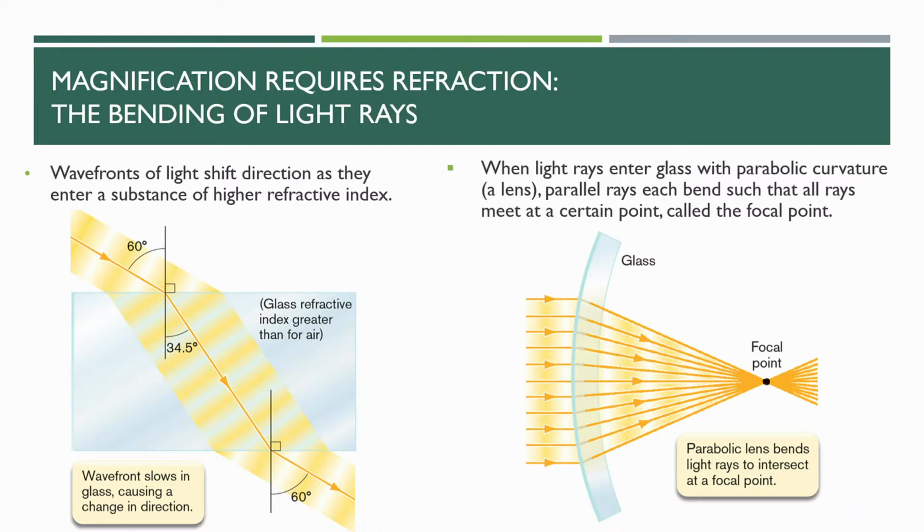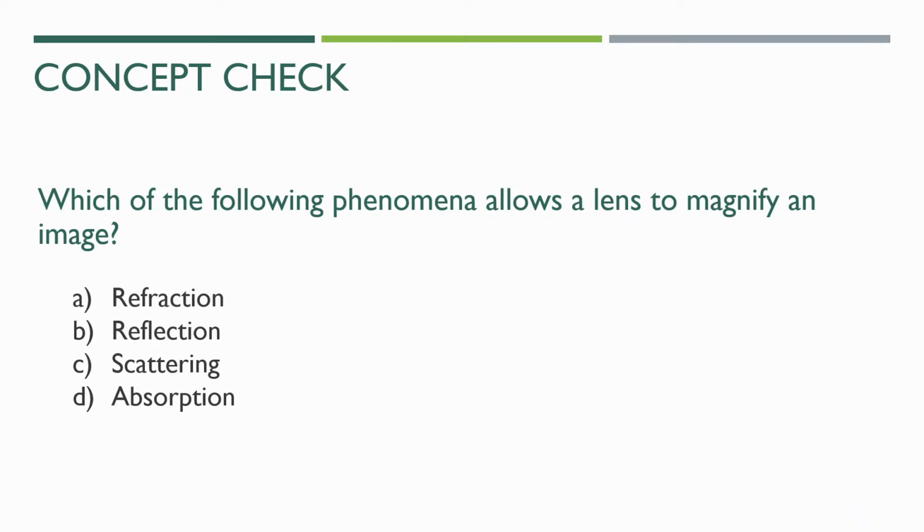The lens will bend the light rays so that they intersect at this focal point. So magnification is dependent on refraction and these refractive indices so that we can see the image on the microscope. Okay, so which of the following phenomena allows a lens to magnify the image?